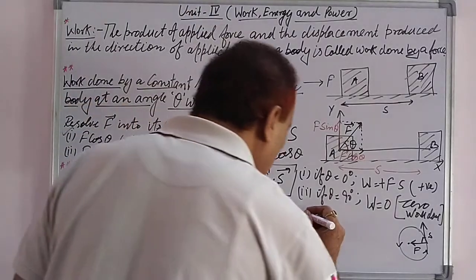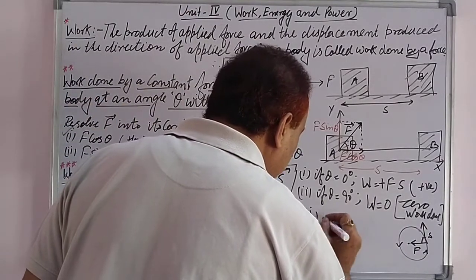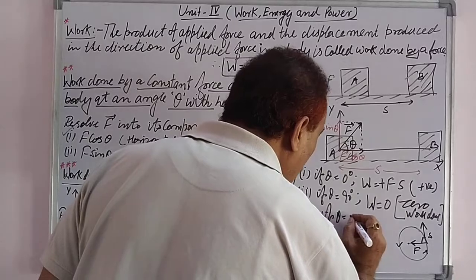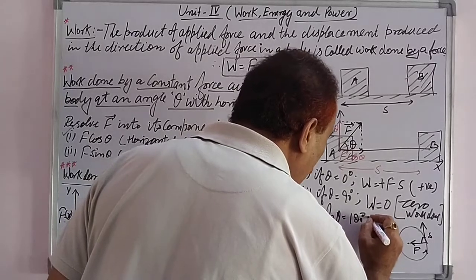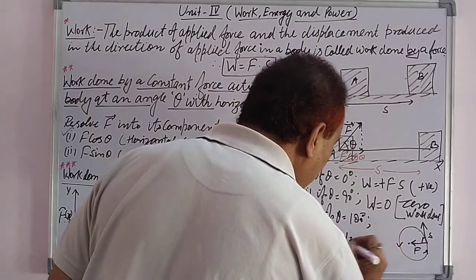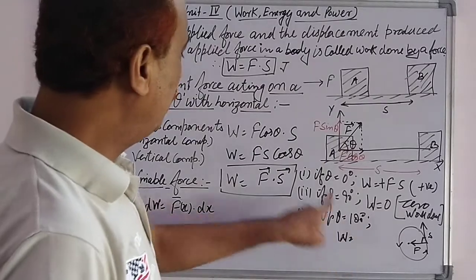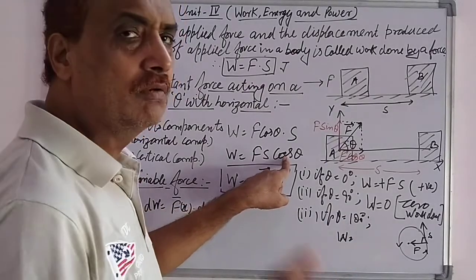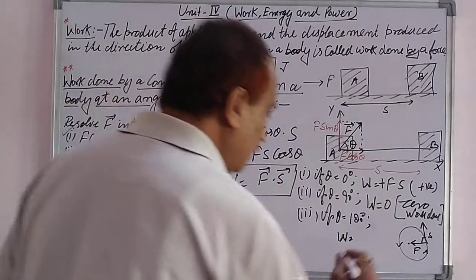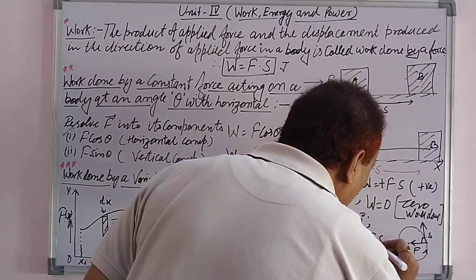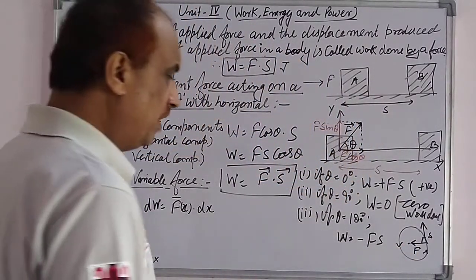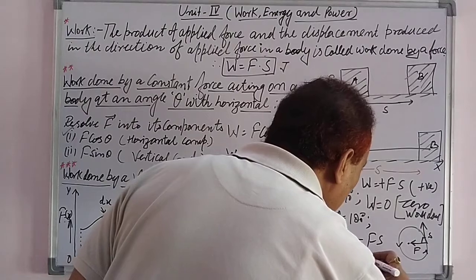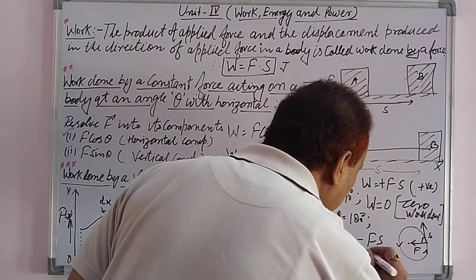And the third situation is if theta equals 180 degrees, so what about the work done? When we put theta equal to 180 degrees here, cos 180 degrees equals minus 1. So W equals minus Fs. So minus Fs means it is negative work done.